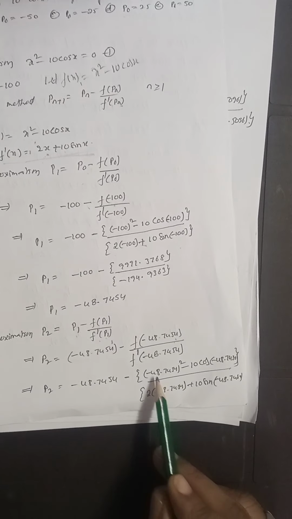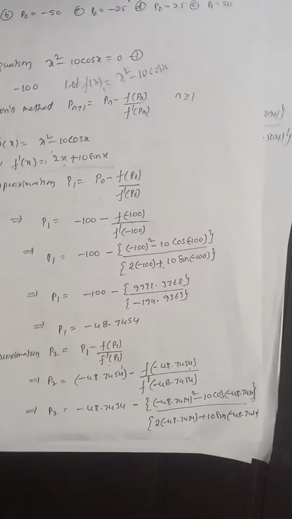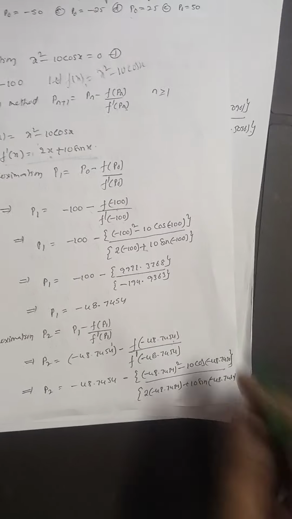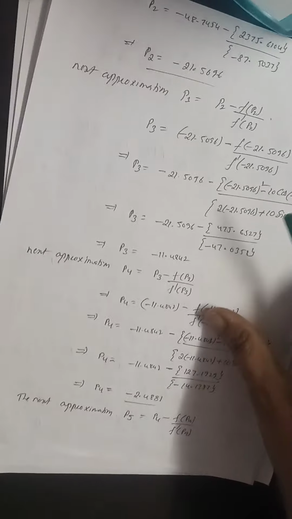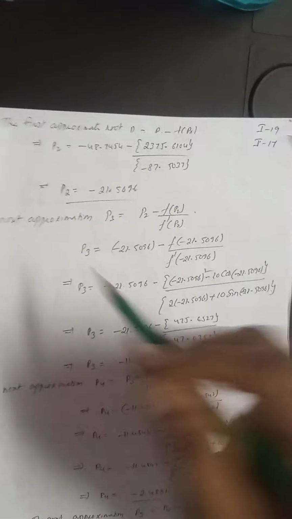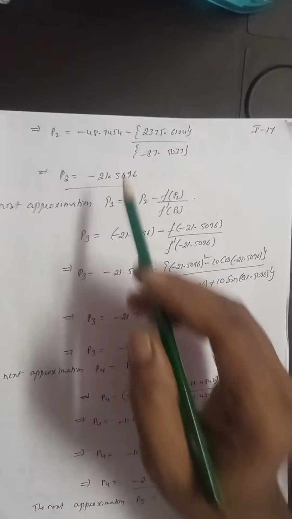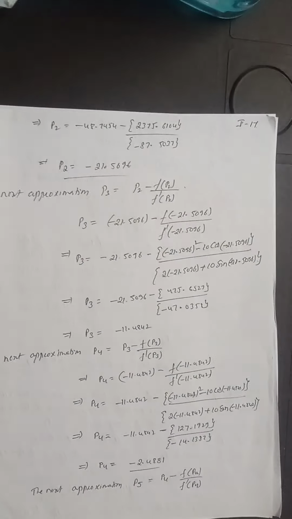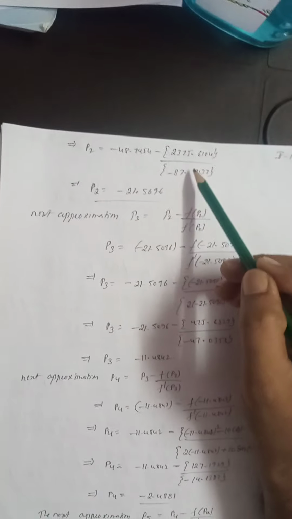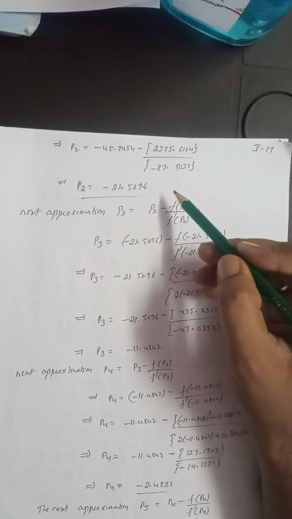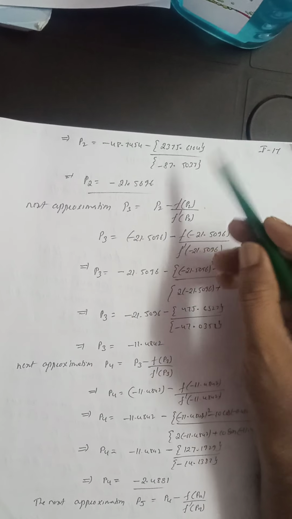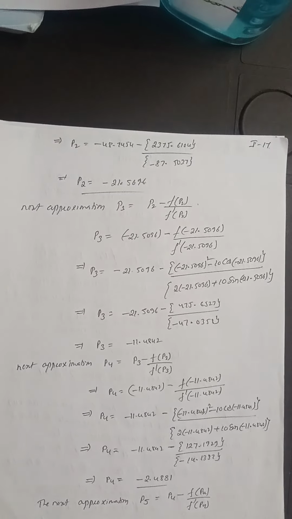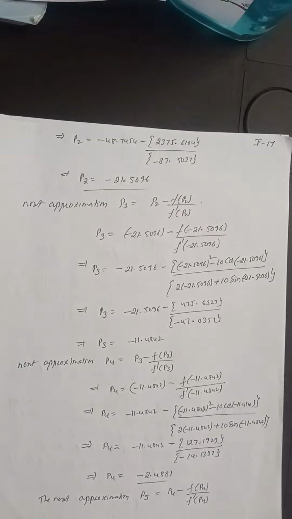Now 2 into minus 48.7454 plus 10 sin of minus 48.7454, right. Now see, now the p2 is equal to, if you simplify this one, I am getting this p2 value as minus 21.5696. Here you have to use a scientific calculator, remember, right? Cos 10, sin 10, or cos of minus 48, sin of minus 48. By using scientific calculator only you will get the values.